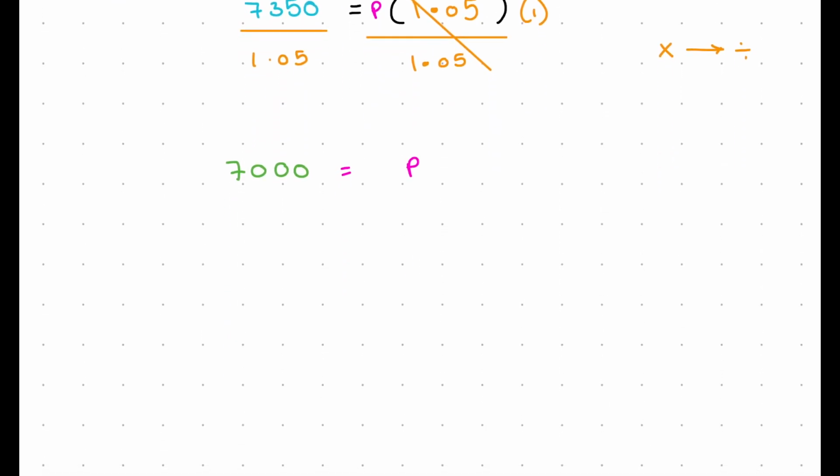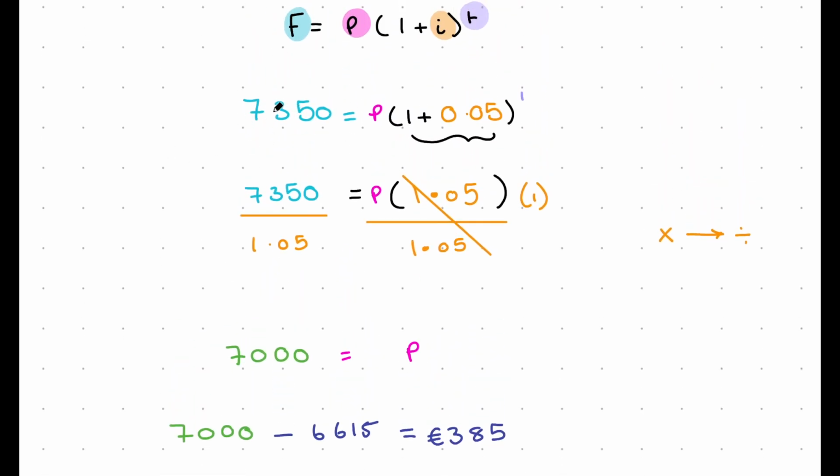So what I need to do now is say, okay, my 7,000 is in there, but I already had, from the last question, 6,615. So I'm going to take that away now. And when I do that, I'm left with 385. So she put in an extra 385 euro on top of what was already there. And that's how she got out the 7350.